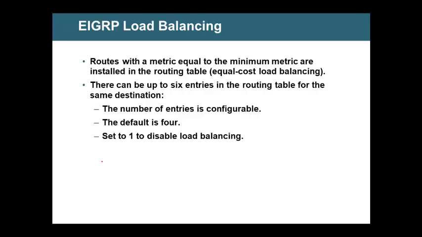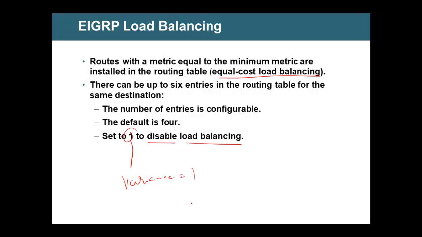Now, by default, EIGRP supports only equal cost load balancing. Why? Because unequal cost load balancing is disabled by setting the variance value to 1.